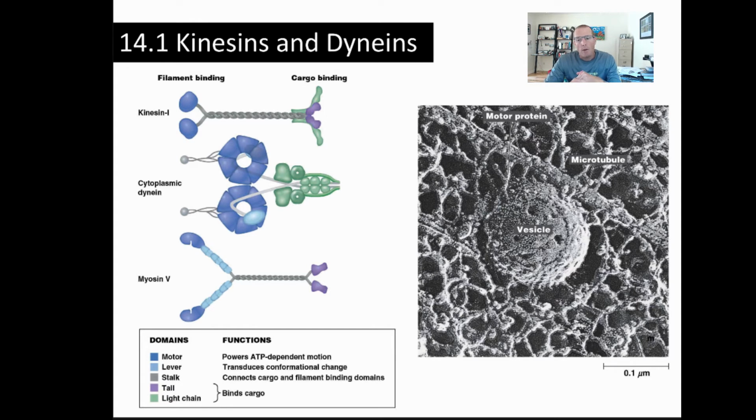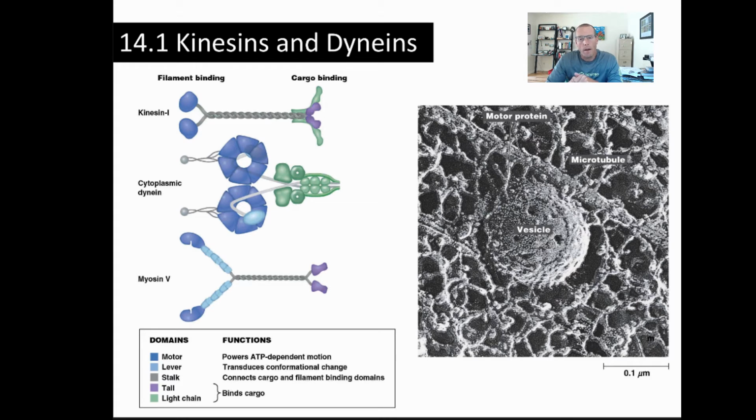So when we think about microtubule-associated motor proteins, we're talking about kinesins and dyneins. These proteins walk along the microtubules, and they provide the force needed for movement. Proteins that are produced in the cell body, for example, of an axon or of a neuron, are transported to the nerve ending in a process called fast axonal transport.